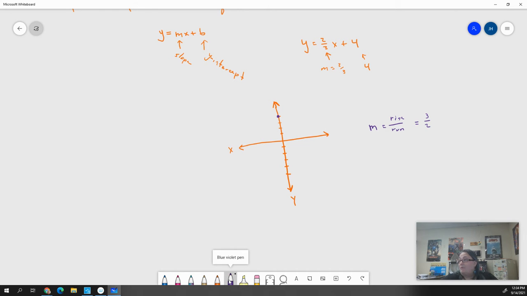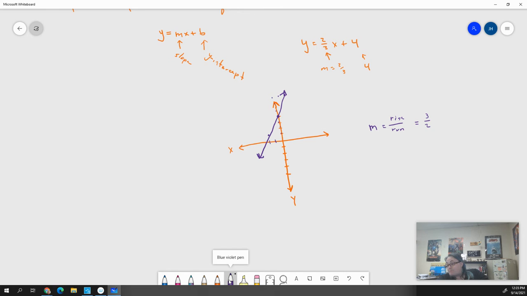Or I could take them both negative and go down 2 and back 3. So I could have a point here or I could have a point here. And when I connect them, I have a straight line, and that is the graph of the equation. It is why we like slope-intercept so much.